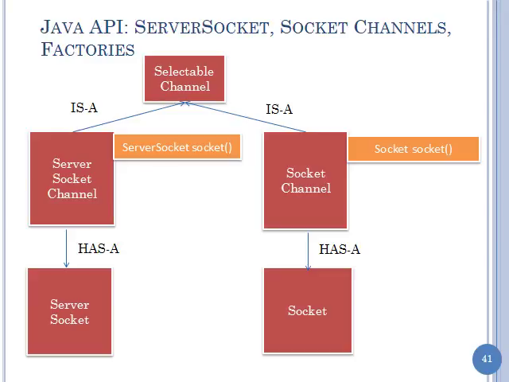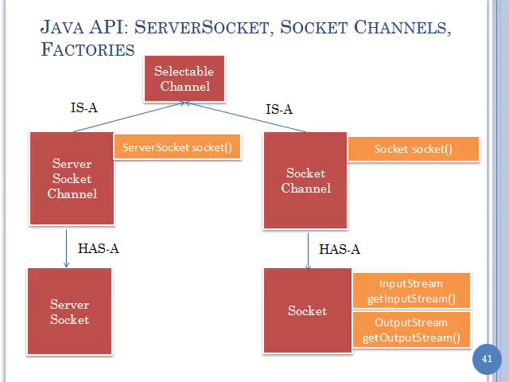Okay, so you can get the socket object from the socket channel object, and the way you deal with sockets is you've got a get input stream and get output stream, and you then do stream operations on them, because you don't use byte buffers there. Okay, you're just using stream operations, and you either get an input stream or an output stream.